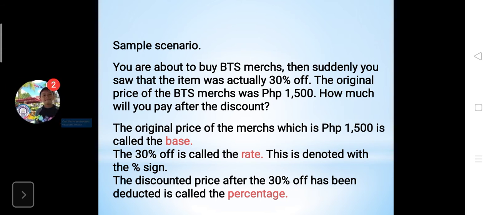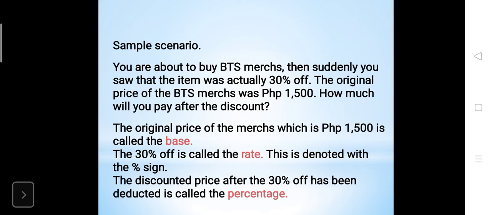Okay? Then the discounted price after the 30% off has been deducted is called the percentage. So we are going to find out the percentage.